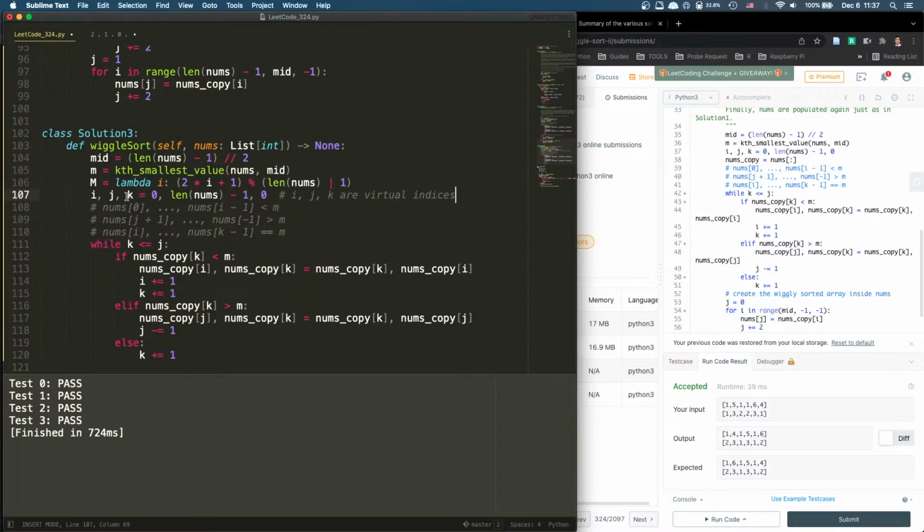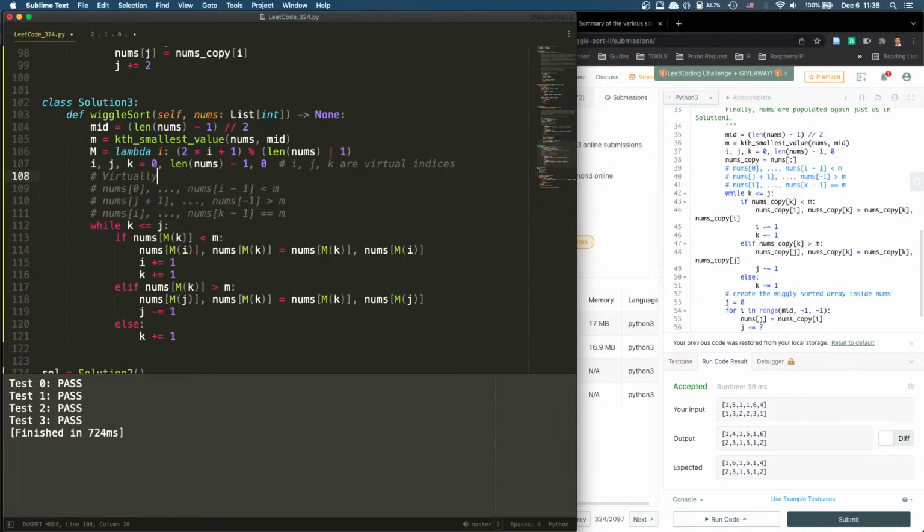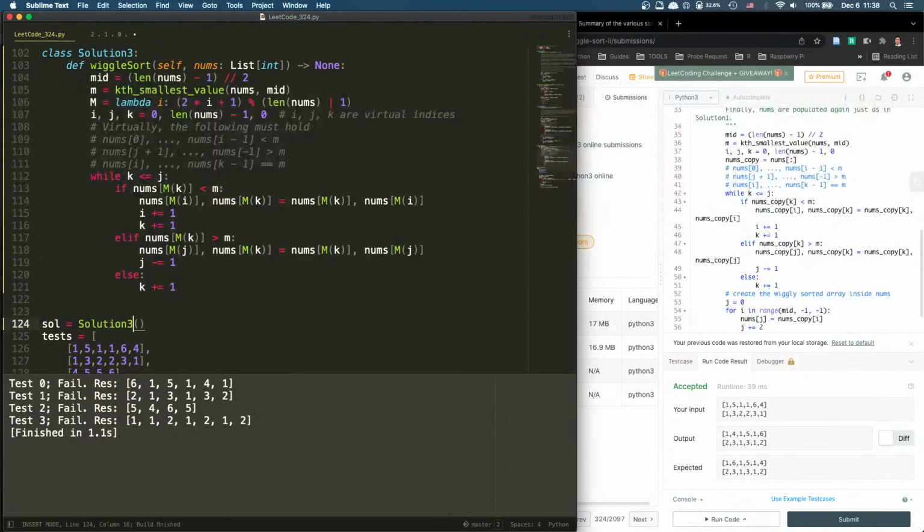Virtual indices. And then we're going to say virtually the following must hold. Okay, so we do 3. And we try it. Oops. Alright, this is not right. Okay. This is not right.